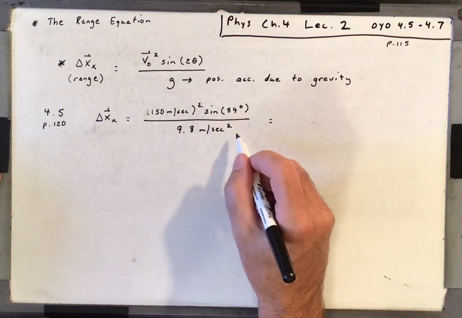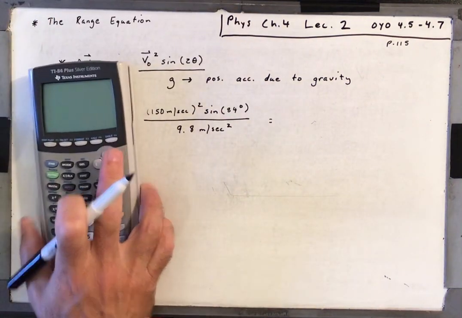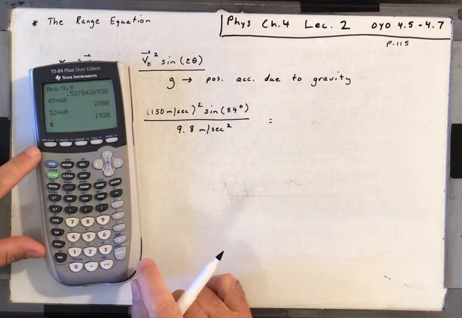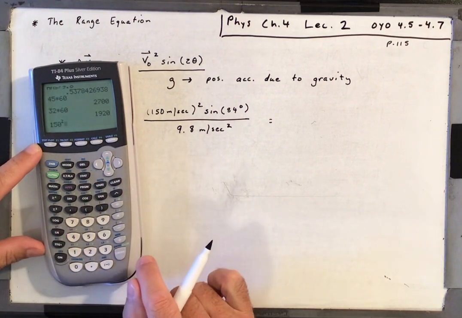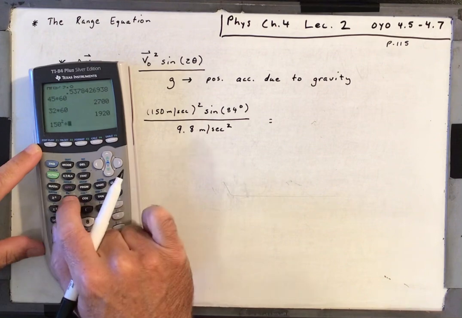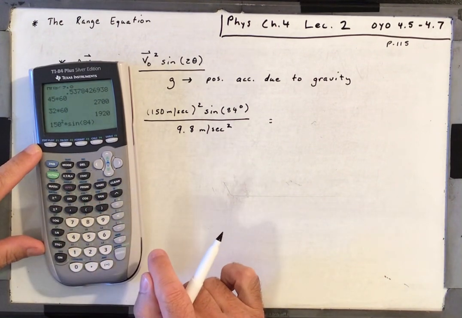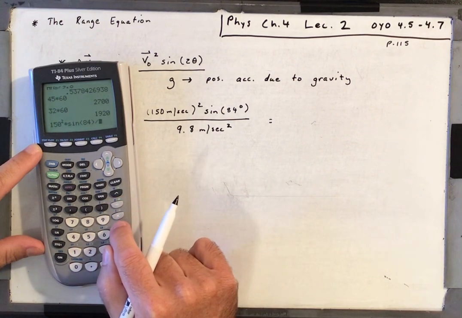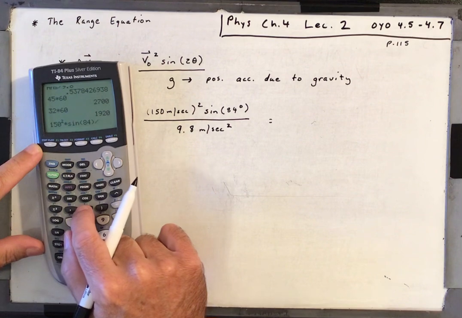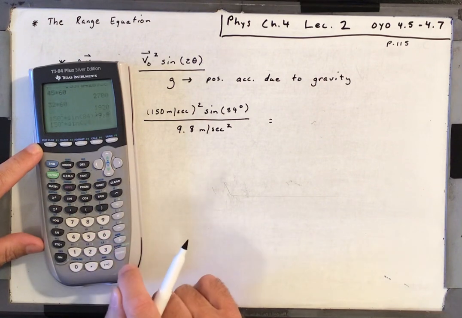If we put that in our calculator and we don't mess that up, let me show you how I would put that in. It's going to be 150, and then I hit the x squared button, times the sine of 84. I'm going to close the parenthesis, divided by 9.8.